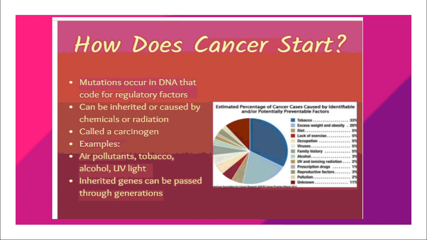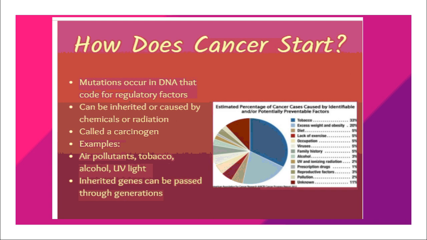Additional examples of things that can cause those mutations would be air pollutants, tobacco or smoking, alcohol, exposure to ultraviolet light. Other things that have been associated with cancers could be a type of virus, hormones, chronic inflammation, obesity.